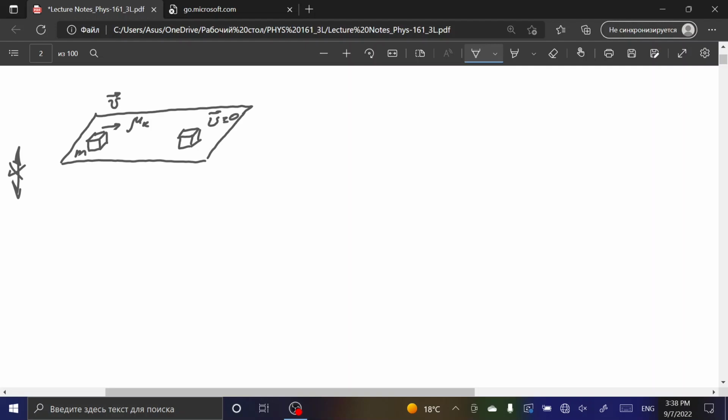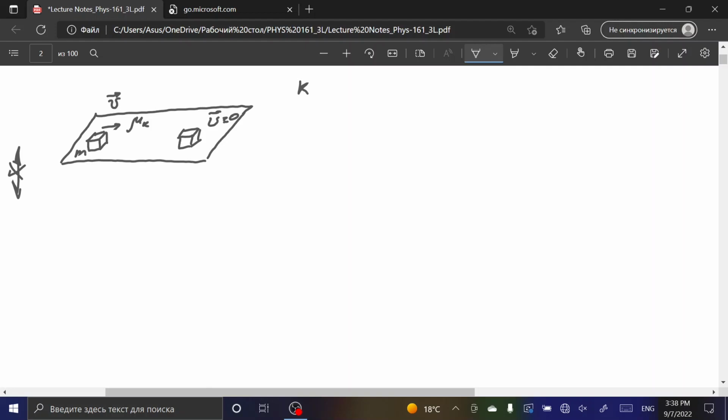But we had kinetic energy initially, which is m times v squared over 2. Then this guy stopped. V is equal to 0. And where is the kinetic energy gone? Friction. So good, yeah. So it's work done by the friction force.